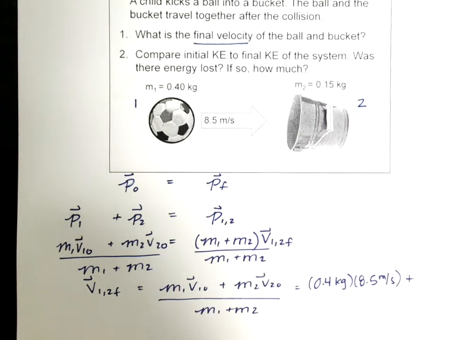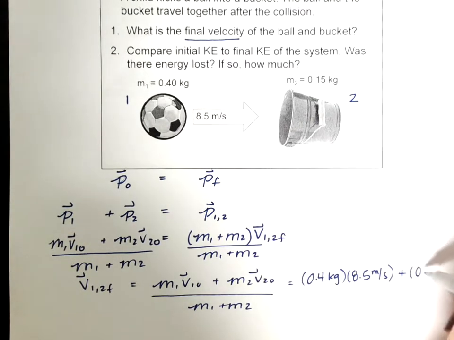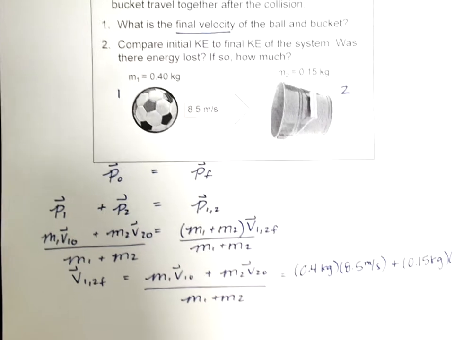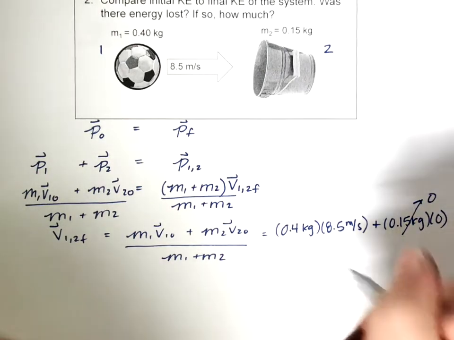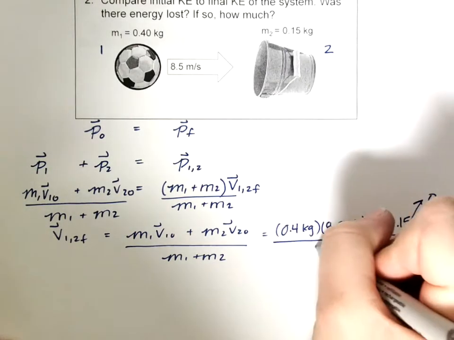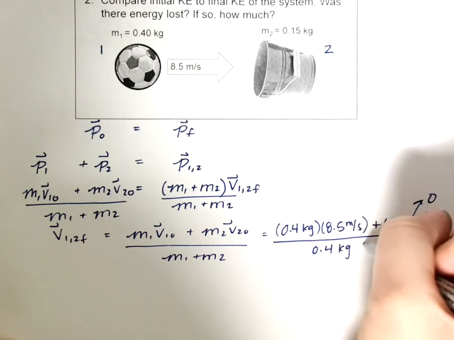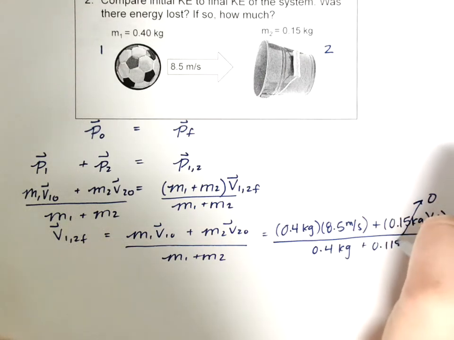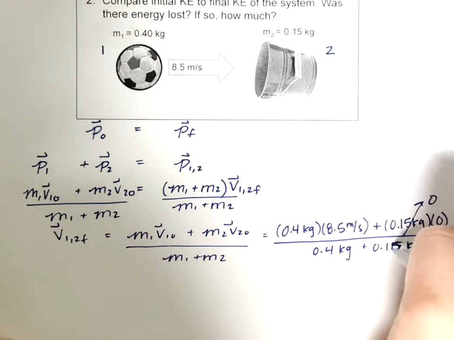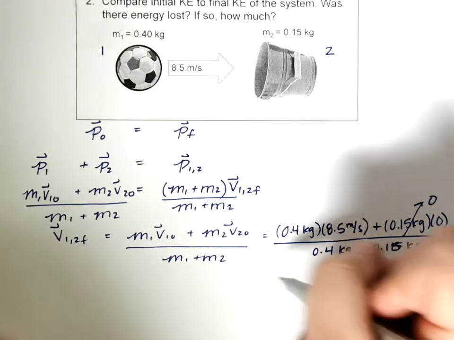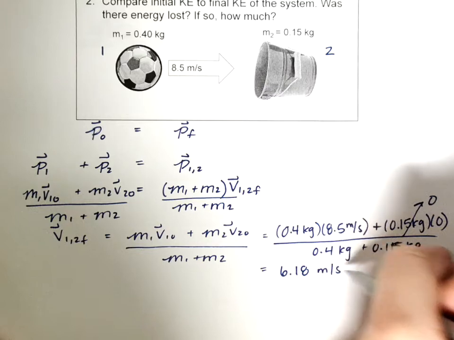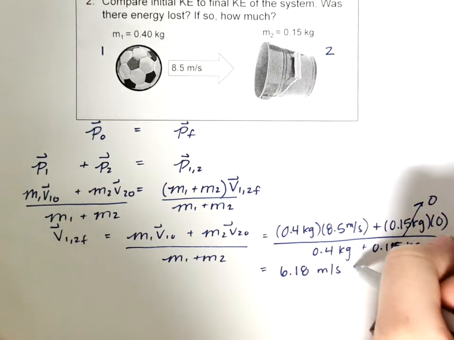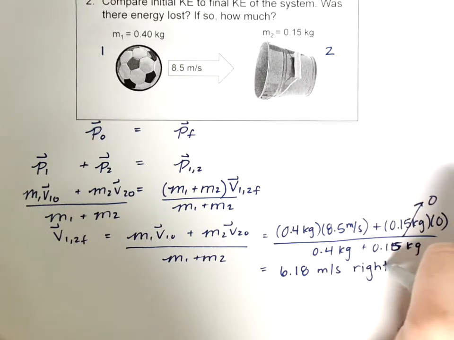Our object 2 has a mass of 0.15 kilograms, and it's moving with a speed of 0, so when we multiply by 0, that cancels that factor out, divided by the mass of both. That's supposed to be a 0.15, sorry. When you plug that in your calculator, you should get 6.18 meters per second. Since it's a positive number, that means they're moving off together to the right.